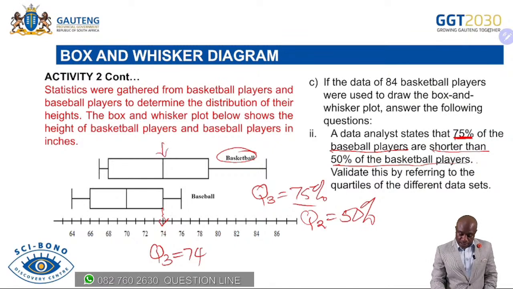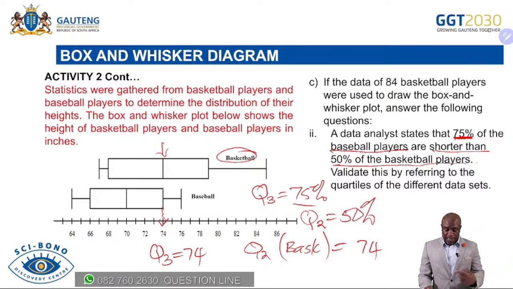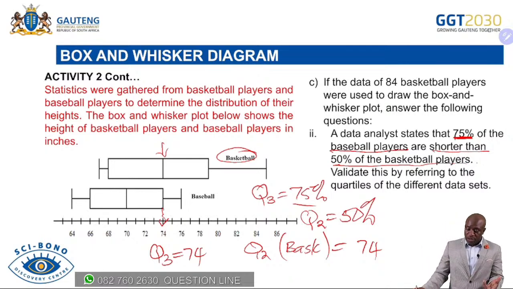So what is that value? Our Q2 for the basketball players is actually equal to 74. Now, Q3 for the baseball players is the same as Q2 for the basketball players.